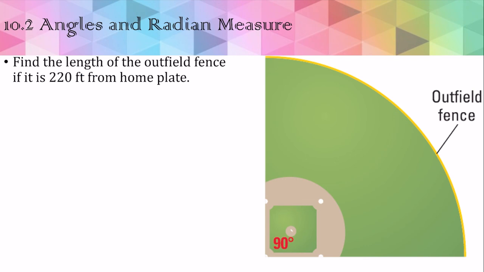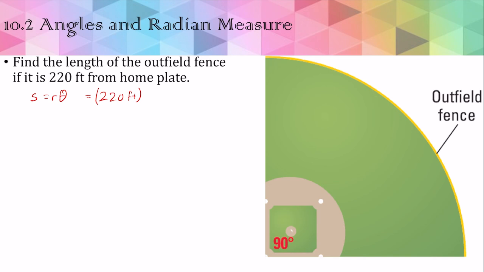All right, so here's a baseball field. Let's find the length of the outfield fence if it's 220 feet from home plate. Well, the outfield fence would be the arc length. So arc length is r times theta. That's easy enough. R is 220 feet.